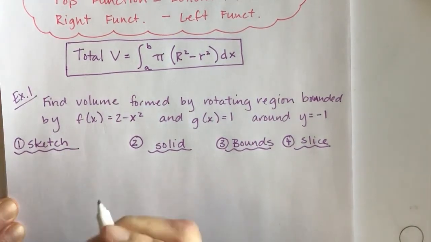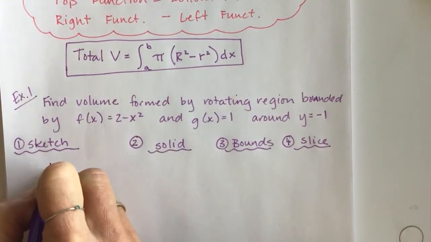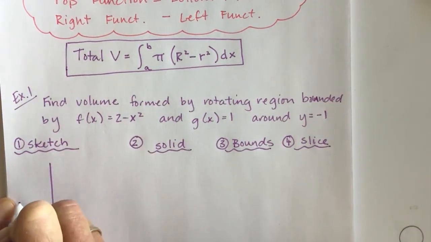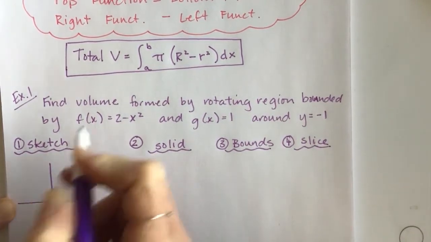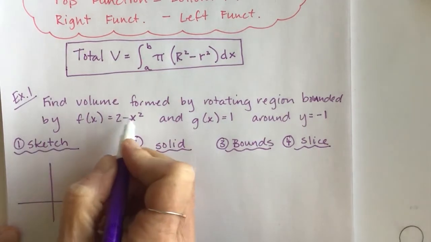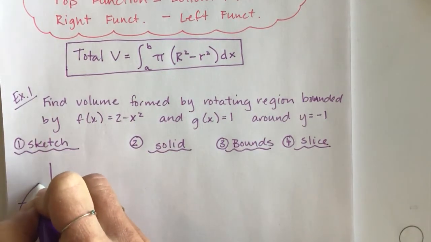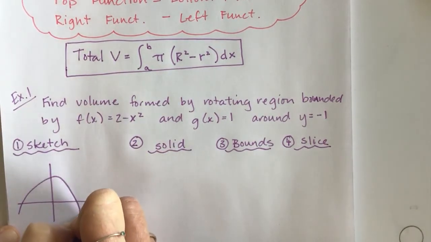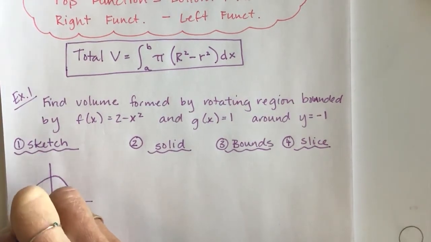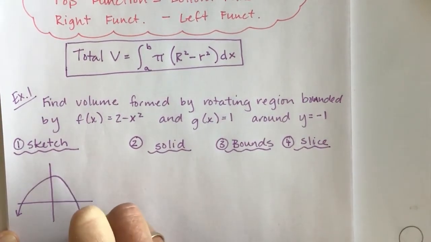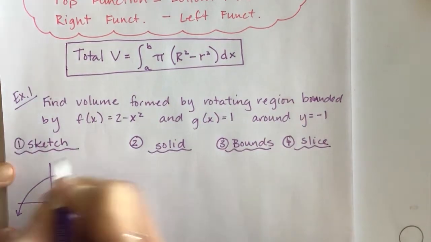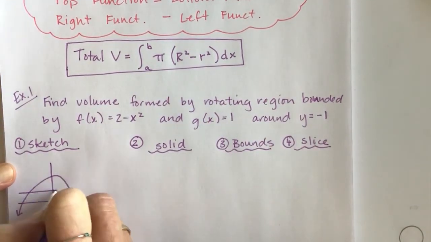Our sketch looks like this. f of x is 2 minus x squared, which is this nice upside down parabola. That wasn't a very good sketch, but you guys get the right idea. So that's f of x. And then g of x is y equals 1. That's easy.